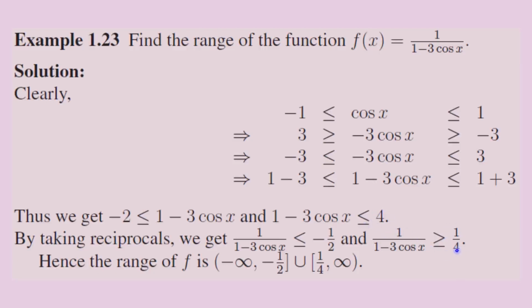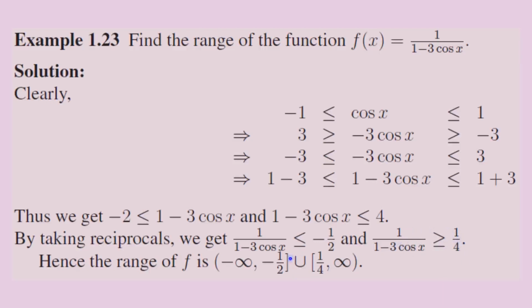That is, this answer 1 by 1 minus 3 cos x value is less than or equal to minus 1 by 2. So that is written as, இப்போ minus 1 by 2-ங்கிறது தான் biggest number. So அதுக்குள்ள இருக்கணும் அப்படின்னா open interval minus infinity comma minus 1 by 2 closed interval எழுதிக்கலாம். And-ங்கிறதால union போட்டிருக்காங்க. 1 by 1 minus 3 cos x value is greater than or equal to 1 by 4. 1 by 4-ஓட அதிகமா இருக்கணும்னு சொல்லியிருக்காங்க.